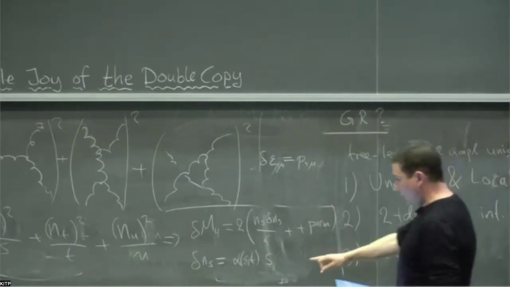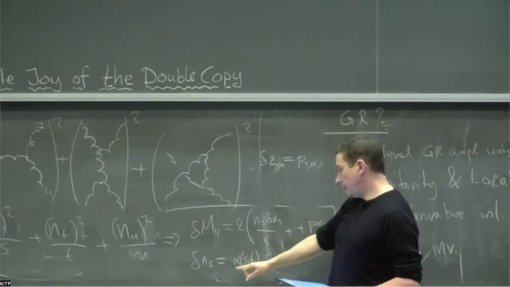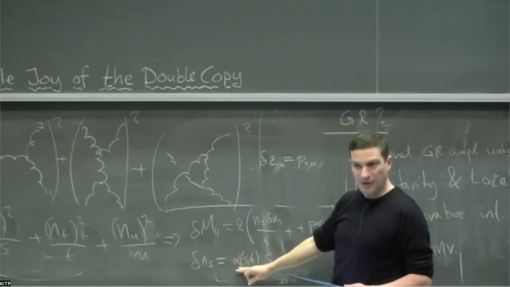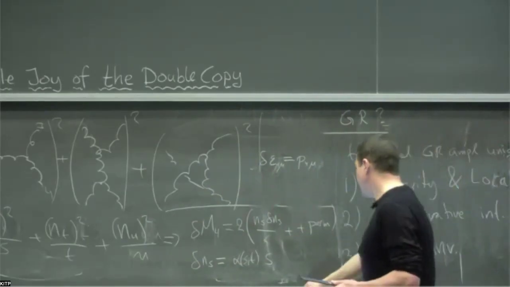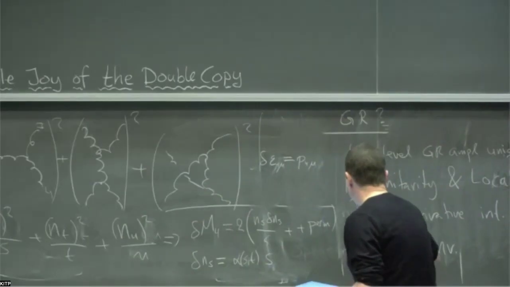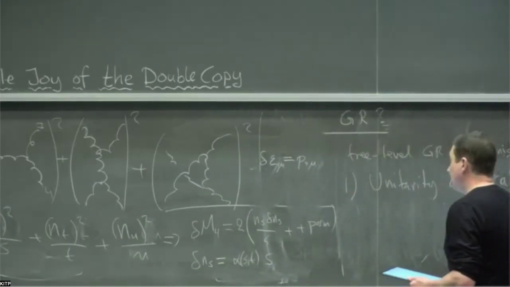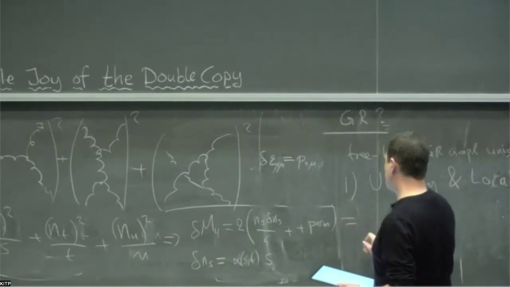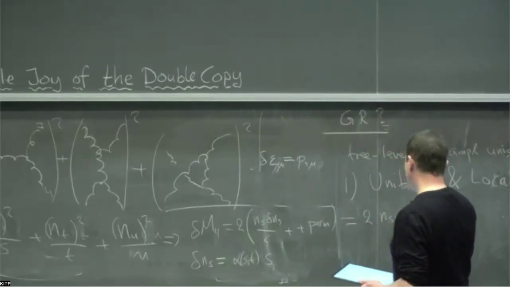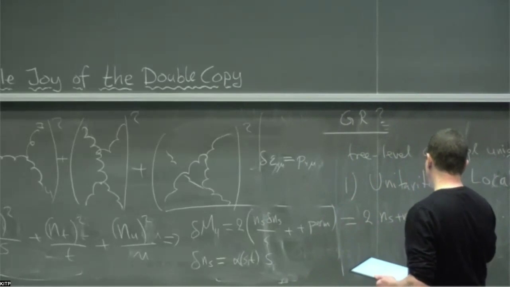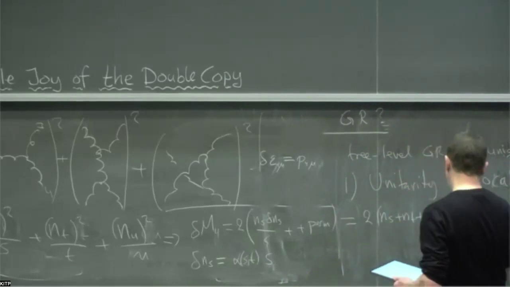You can work out what this function is. It turns out that this function is fully symmetric in legs 1, 2, 3, 4. So what you're going to get here is 2 times n_s plus n_t plus n_u times this function alpha.